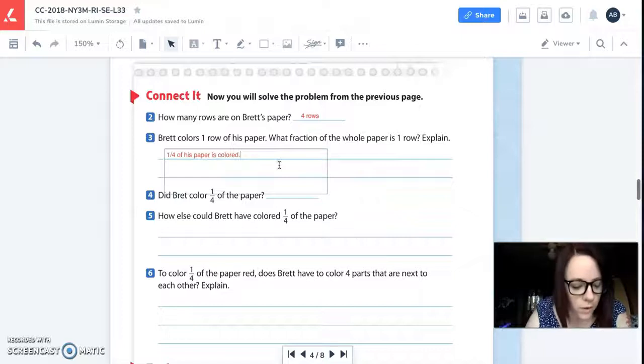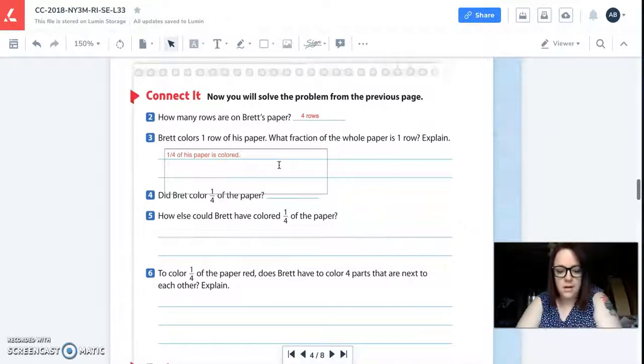So we know that 1/4 is colored, and we know that there are 4 rows in his, maybe we'll put on his paper.